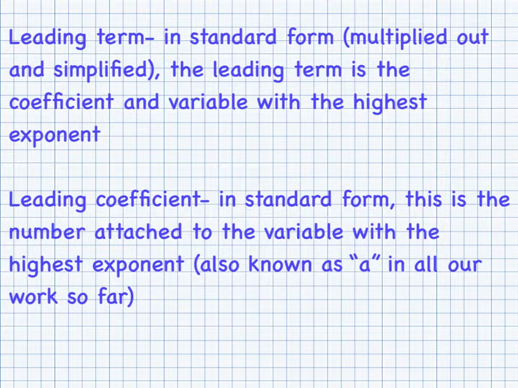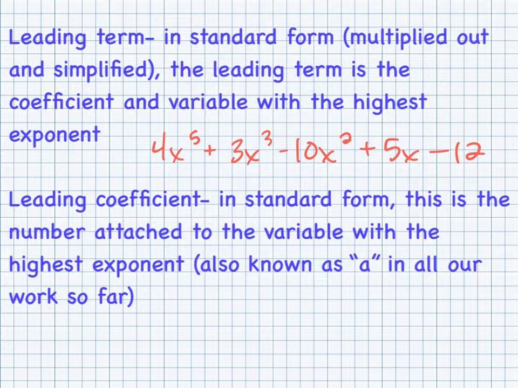All right, the leading term is when you're in standard form again, so I don't remember what the last one was, so I'm going to make up some numbers again. Something like that. The leading term is when you're in standard form, the one with your highest exponent.